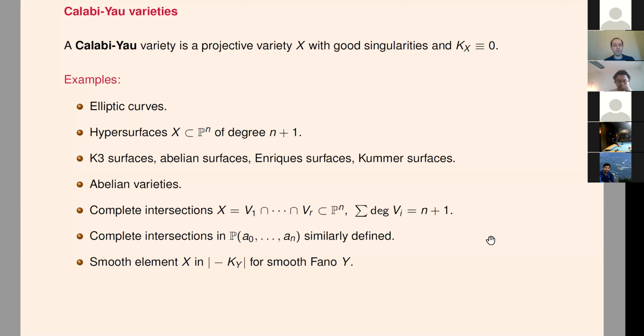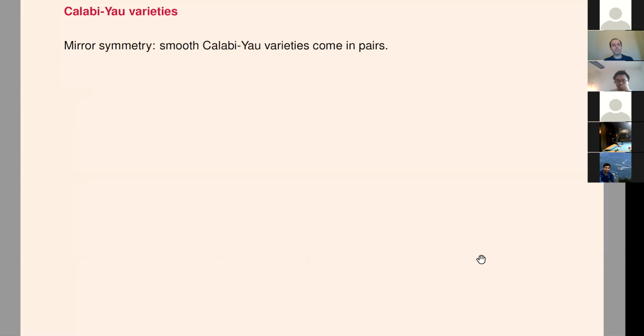Another way of constructing Calabi-Yau varieties is to take Y to be a Fano variety and then look at the anti-canonical system. And if you can find a smooth element there, or an element with good singularities, then you automatically have a Calabi-Yau. Y doesn't have to be smooth; even Y with good singularities sometimes gives you this kind of Calabi-Yau. So these are examples of Calabi-Yau varieties.